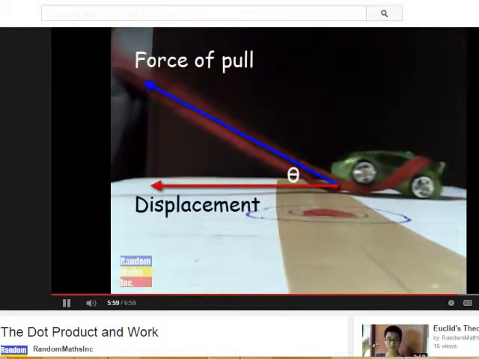Why cosine of theta? Because that is the angle between the 2 vectors. Force and displacement are 2 vectors. And the cosine theta is there because this is actually a dot product, because work is actually a scalar, and I explained the dot product and this equation in a bit more detail in another video. If you want to work out the rate of work being done over a certain period of time, you can use the equation of power.